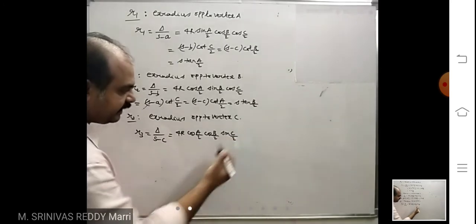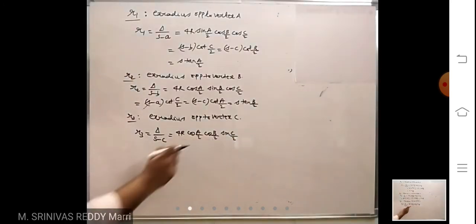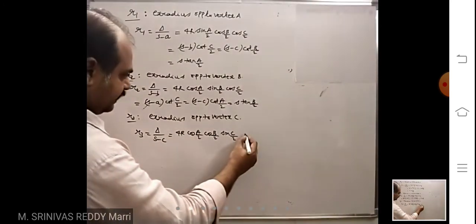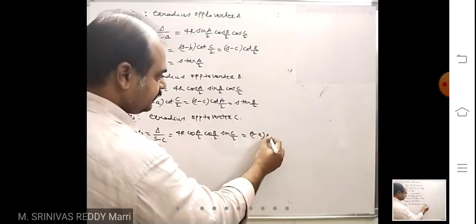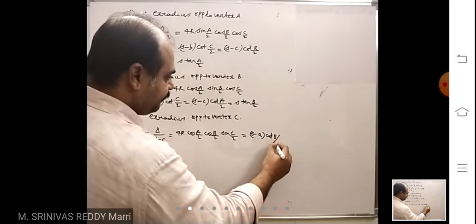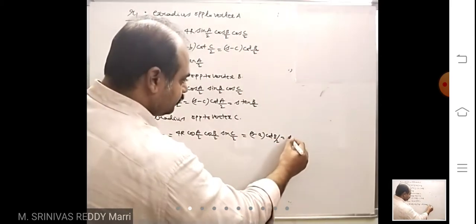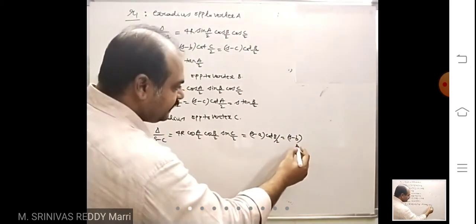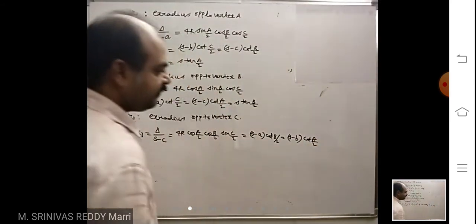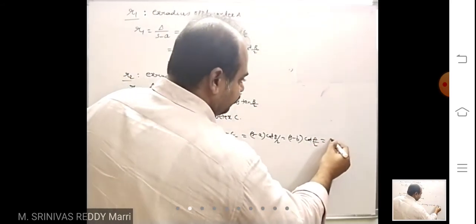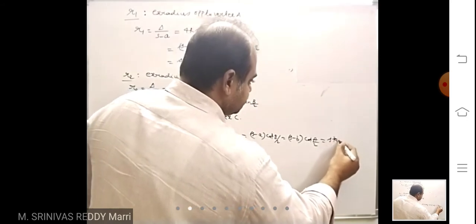For the third one sine, for the first two you will get cos. R3 is also S minus A cot B by 2. This is one formula. S minus B cot A by 2. And another formula is S tan C by 2.